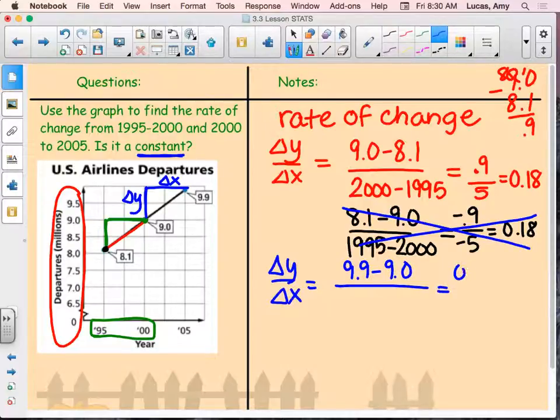So subtracting those is 0.9 again. And then the change in x this time, 2005 to 2000. So still a 5-year interval. So if I divide that, I will get the same thing. So is it a constant? Yes, it's a constant.